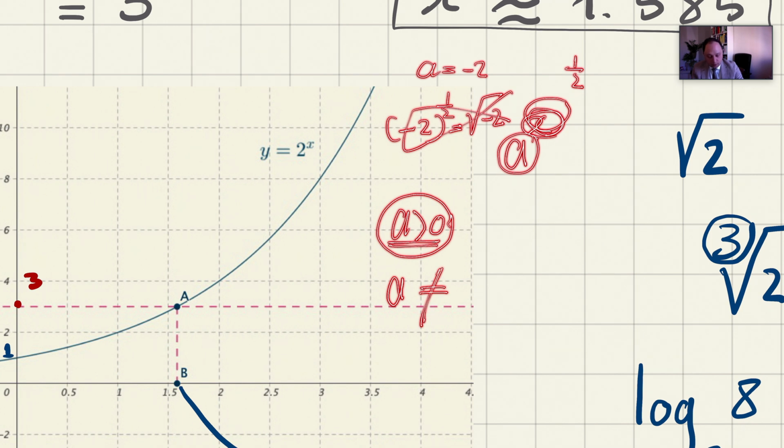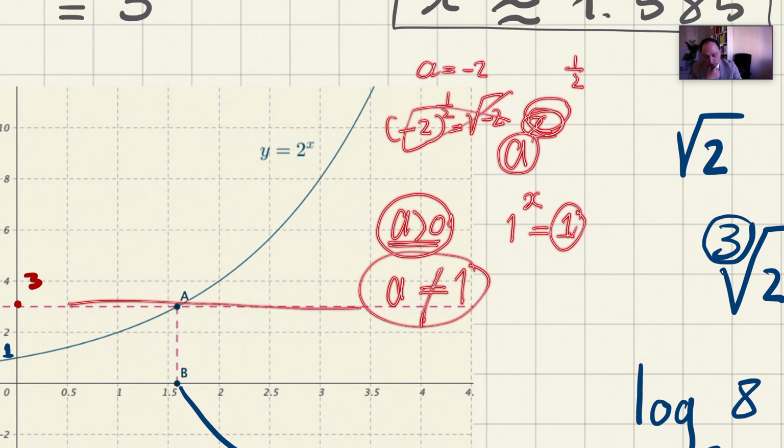Maybe 1. Yes, 1. Why? Because 1 to power x is not exponential. It's actually a fake exponential function. 1 to power x is a constant function. It's always equal to 1. So the graph of 1 to power x is just a horizontal line. It's not an exponential function. So remember this, please. The base of an exponential function cannot be negative, and it cannot be equal to 1.